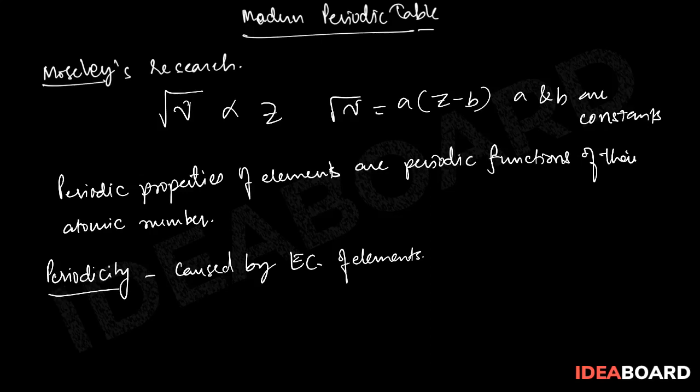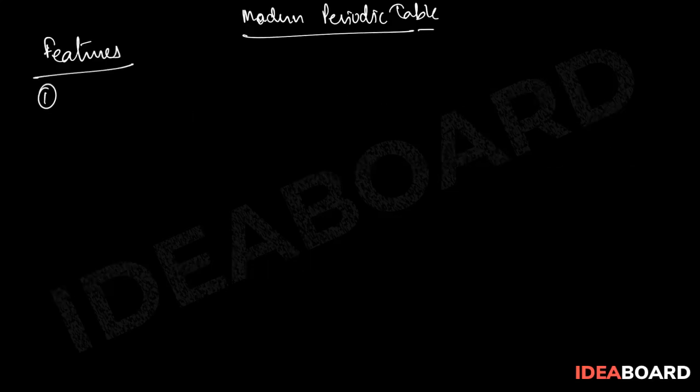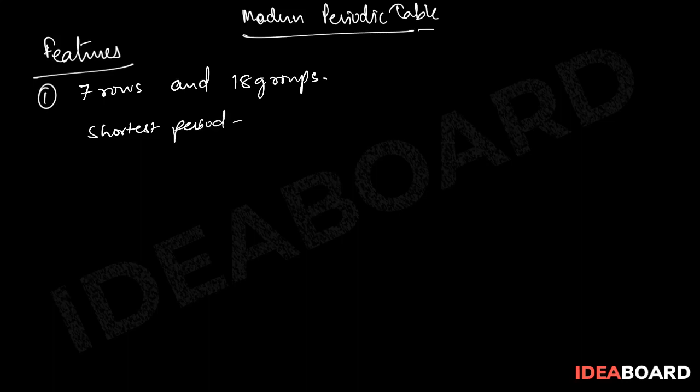The salient features of the modern periodic table: the first and most important feature is the parts. It has 7 rows and 18 groups. The shortest period is the first period.